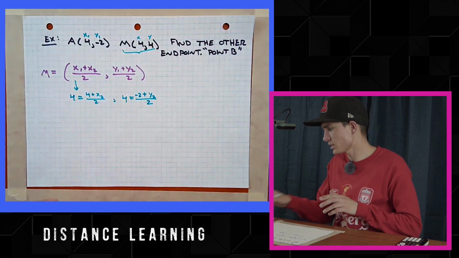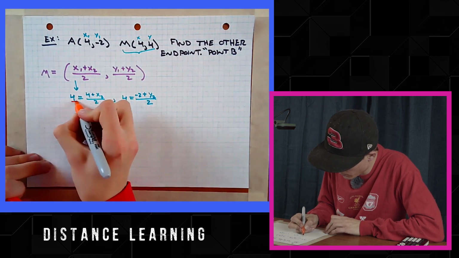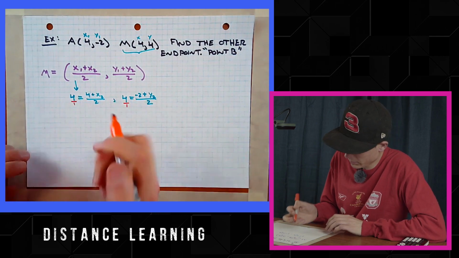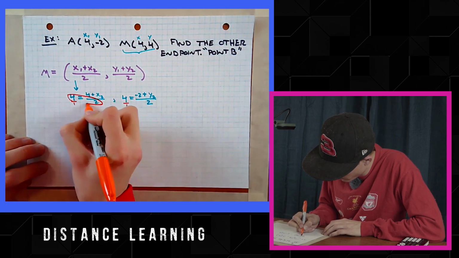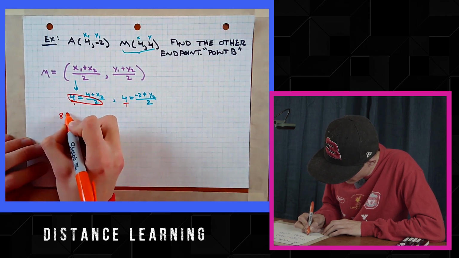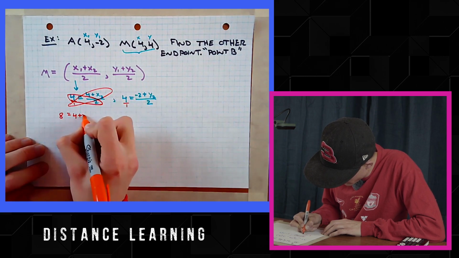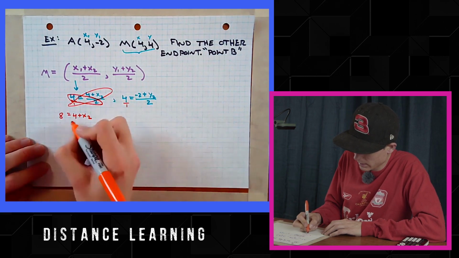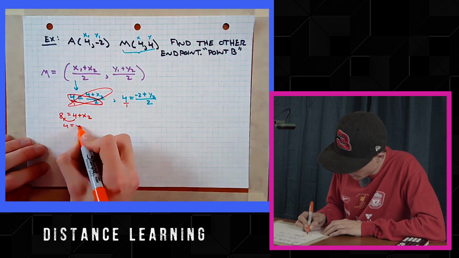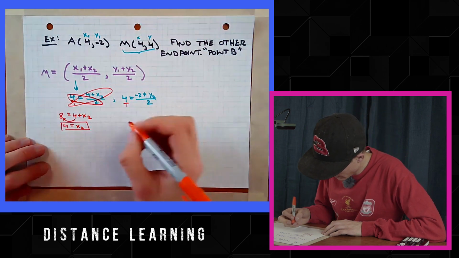Now the thing for us to do is cross multiply. If you want to put it over 1 so that you don't mess up your cross multiplication, by all means, I do, because I'm terrible at remembering things, as I've said every video. So 8 is going to equal 4 plus x2. I'm going to subtract 4. So I'll have 4 equals x2. Well, hey, that wasn't too bad.